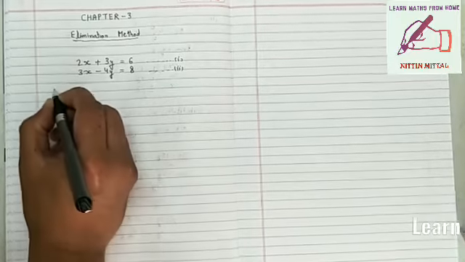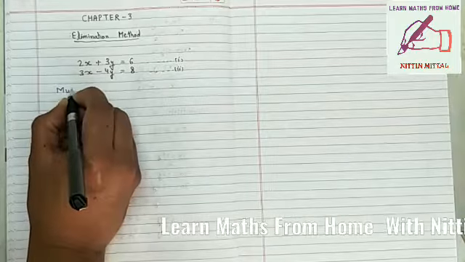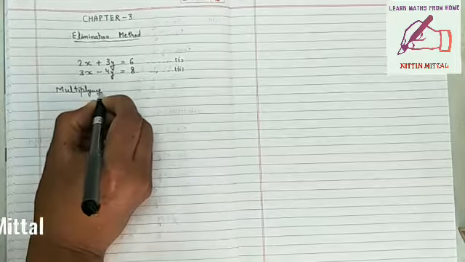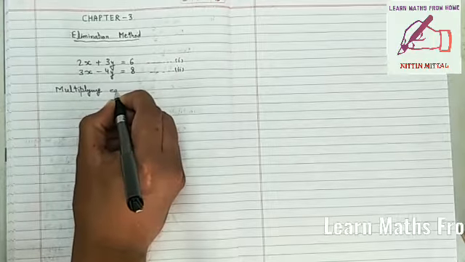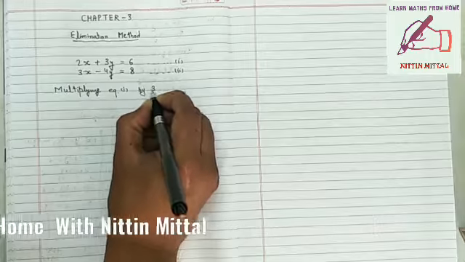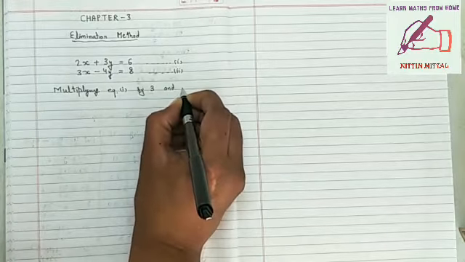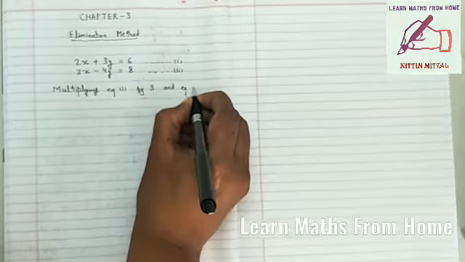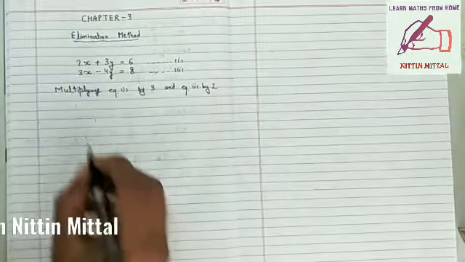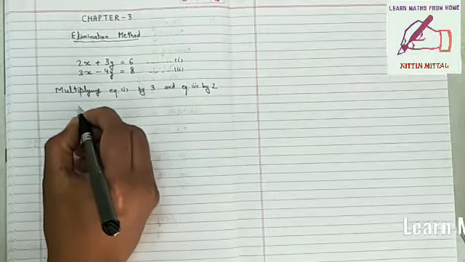So we write here: multiplying equation 1 by 3 and equation 2 by 2. So what will we get?